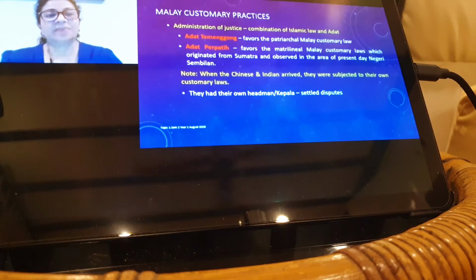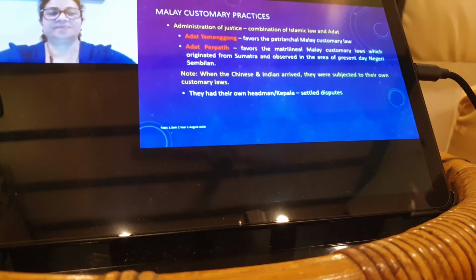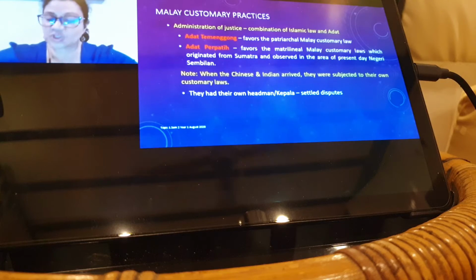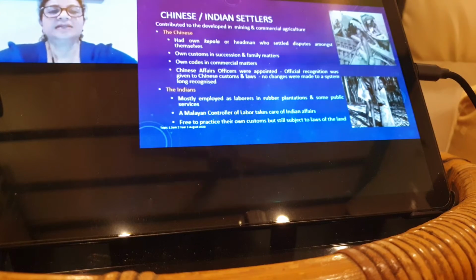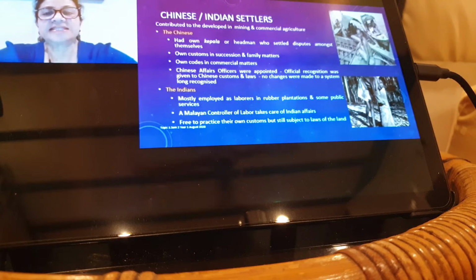But it's also noteworthy that you have Chinese and Indian migrants as well. They also brought in their own customs and traditions, and they have their own headmen to settle disputes. As far as the Chinese are concerned, they have someone called the Kapitan or headman who settles disputes among themselves.